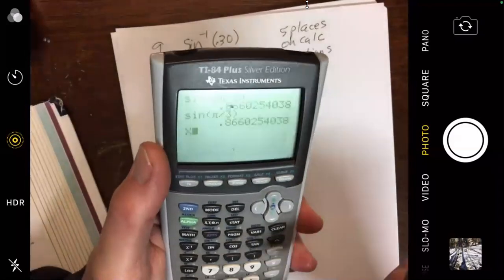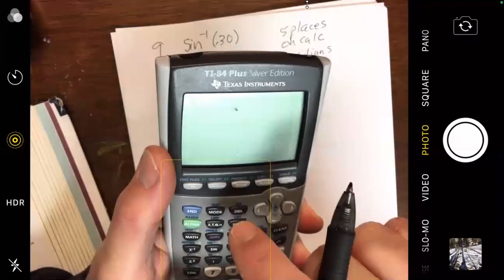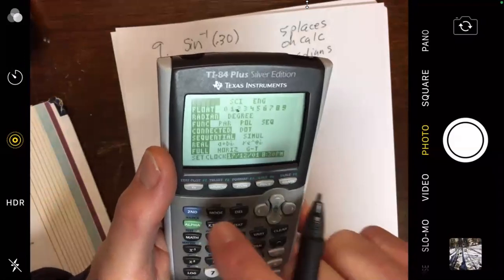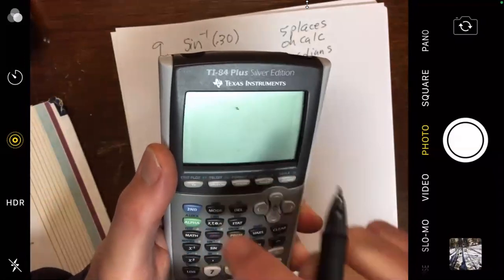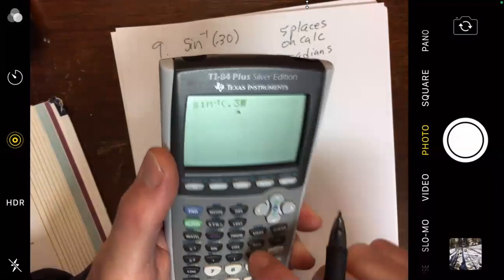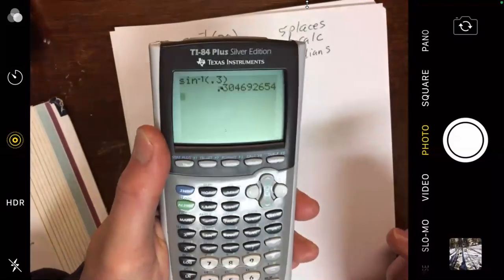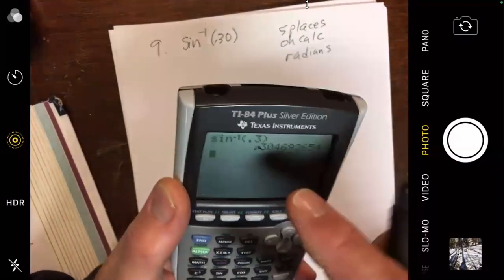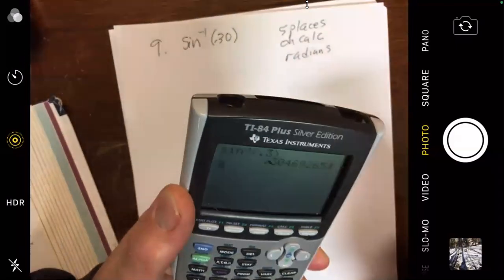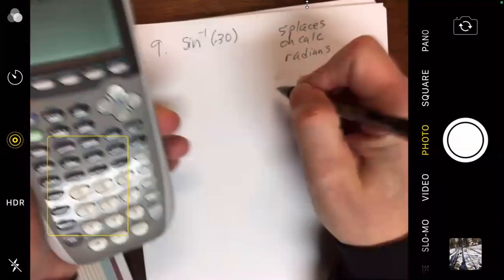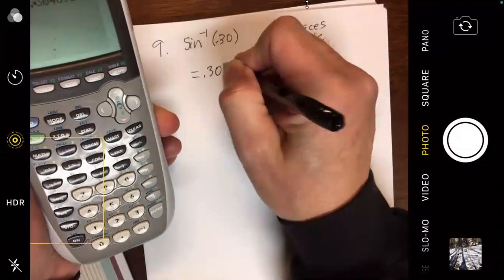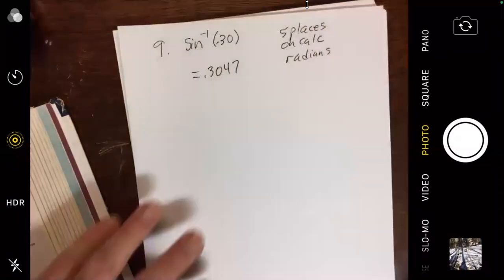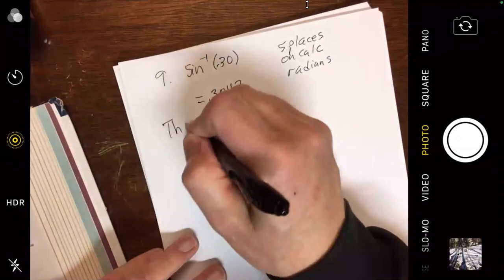So, boom. Mode, radian. I am in radian mode, and it's just as easy as punching second sine, 0.3. That gives 0.3047. Okay, now this has meaning.